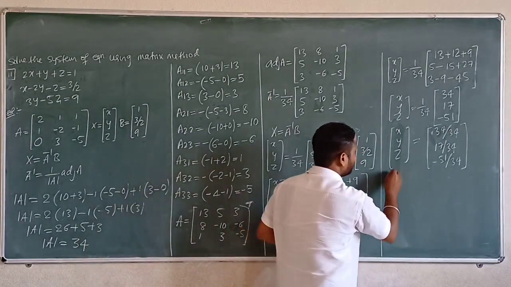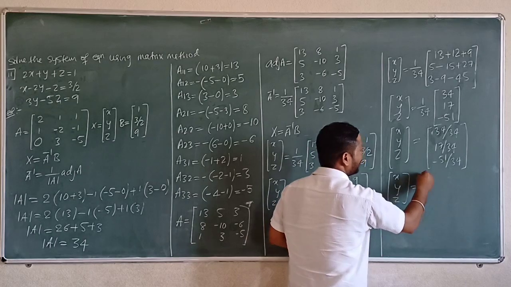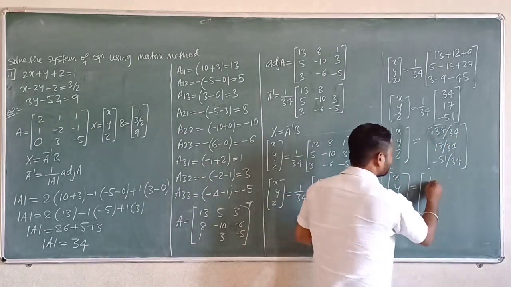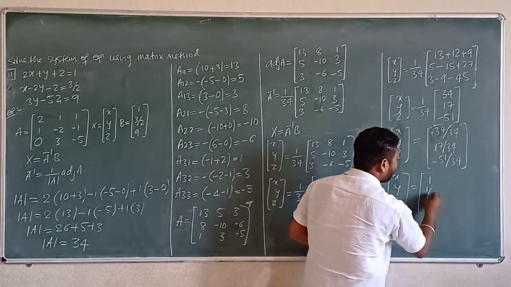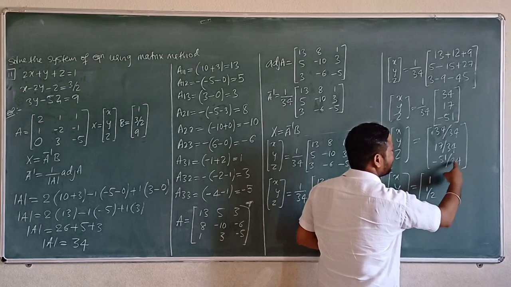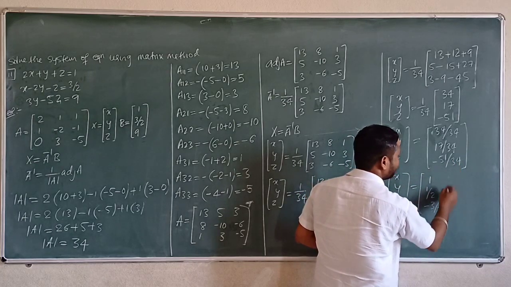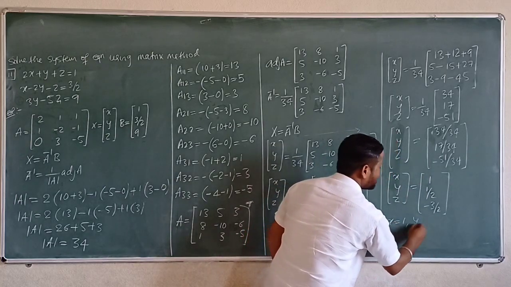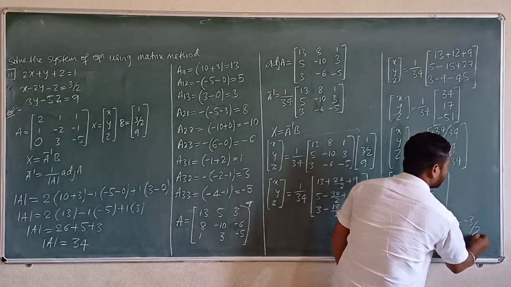Then X, Y, Z is equal to: 34 gets cancelled, 1. Next 17 ones are 17, twos are, what is the answer here? 1 by 2. Minus 3 divided by 2. So therefore X is equal to 1, Y is equal to 1 by 2 and Z is equal to minus 3 by 2.